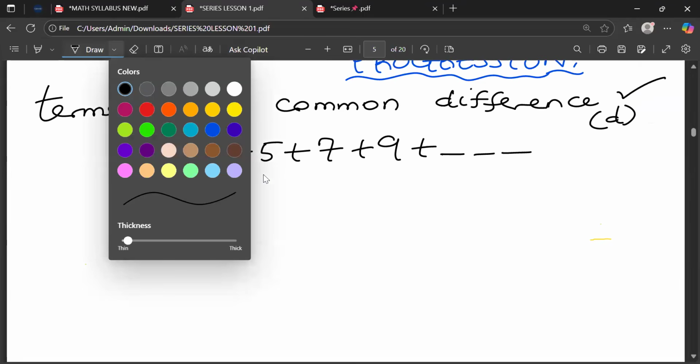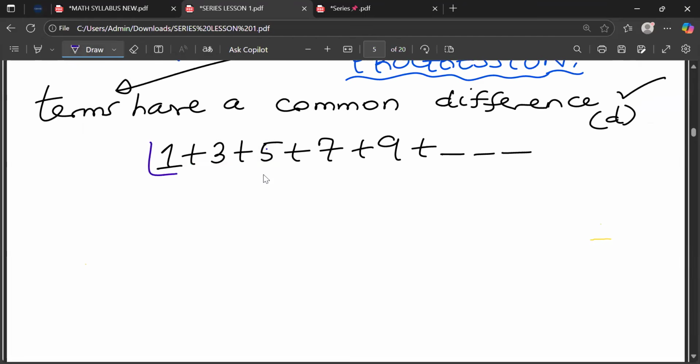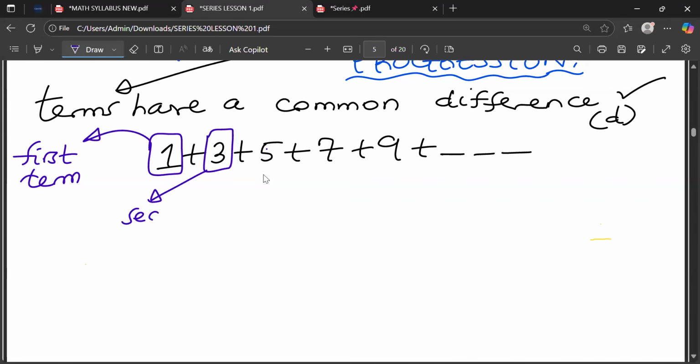So I remember telling people that this is going to be the first term, isn't it? Then this one, I can now use things of second term. This one is going to be the third term.